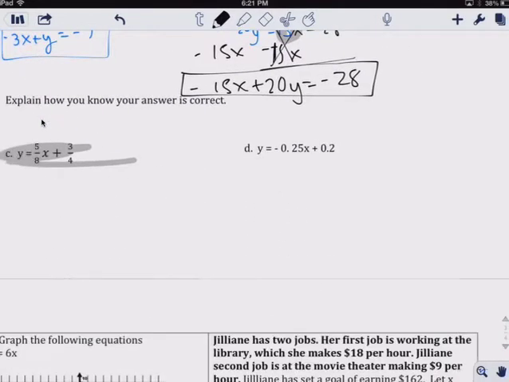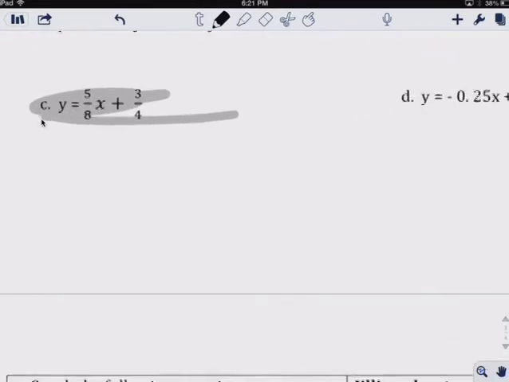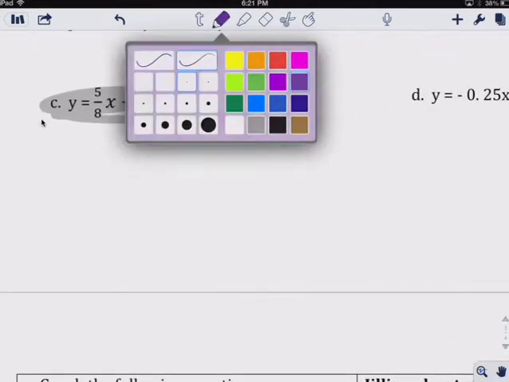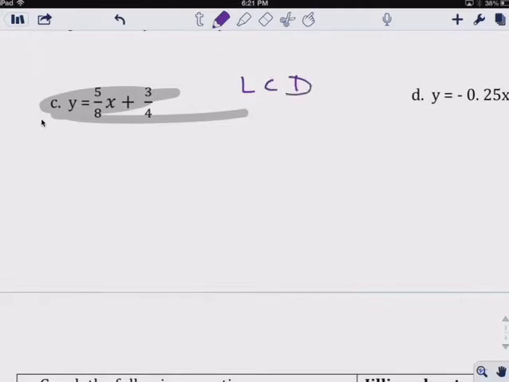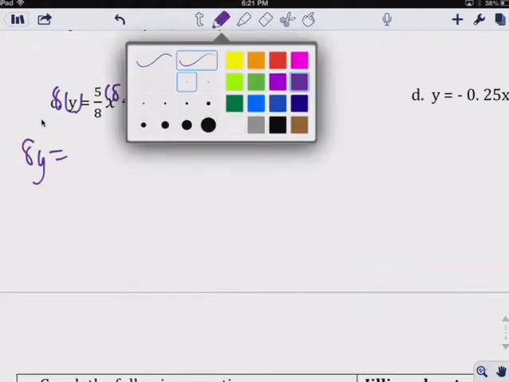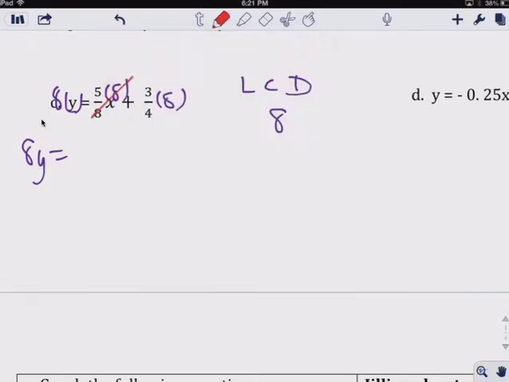Okay? Letter C, we have to get rid of fractions with the least common denominator. Least common denominator is 8. Okay? Multiply all of them by 8. That gives you 8y equals, cross cancel here, gives you a 5x. Cross cancel here gives you a 2. Multiply these 2, gets you 6, plus 6.